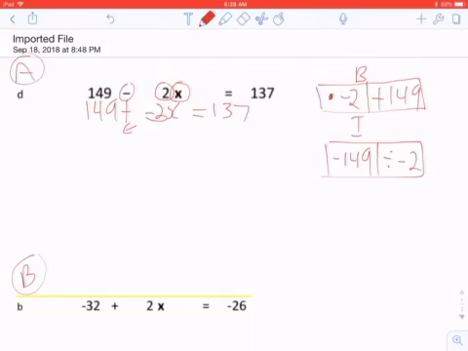So what we're going to do, we're going to begin by minus 149. 137 minus 149 is negative 12. Then I'm going to divide that by negative 2, and the answer is negative 2 goes into negative 12 6 times.